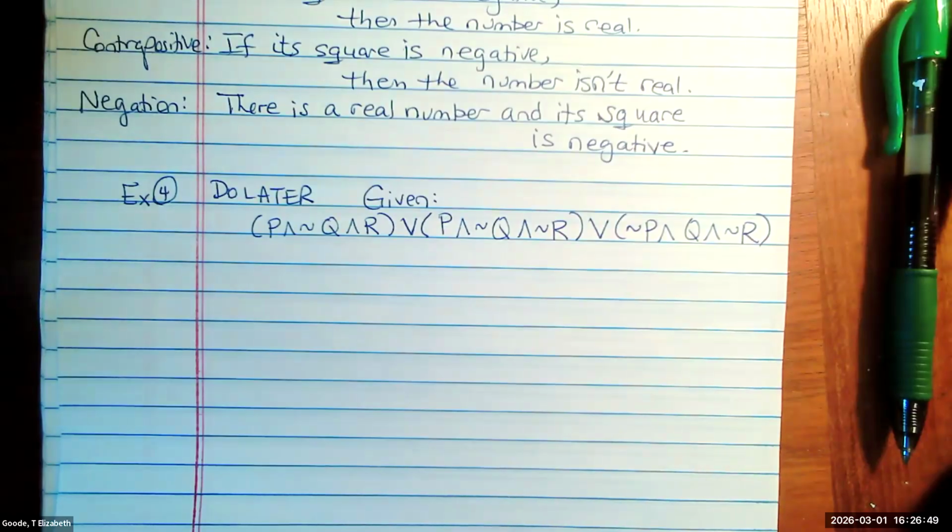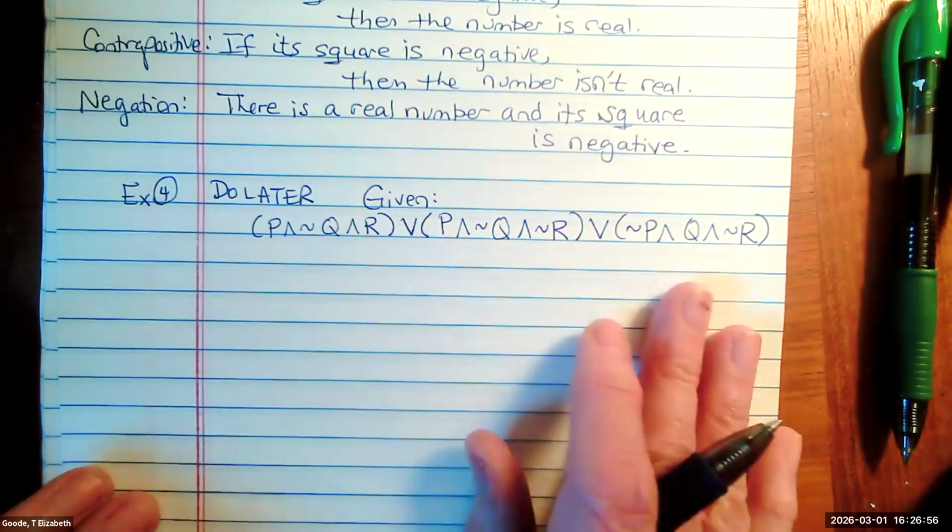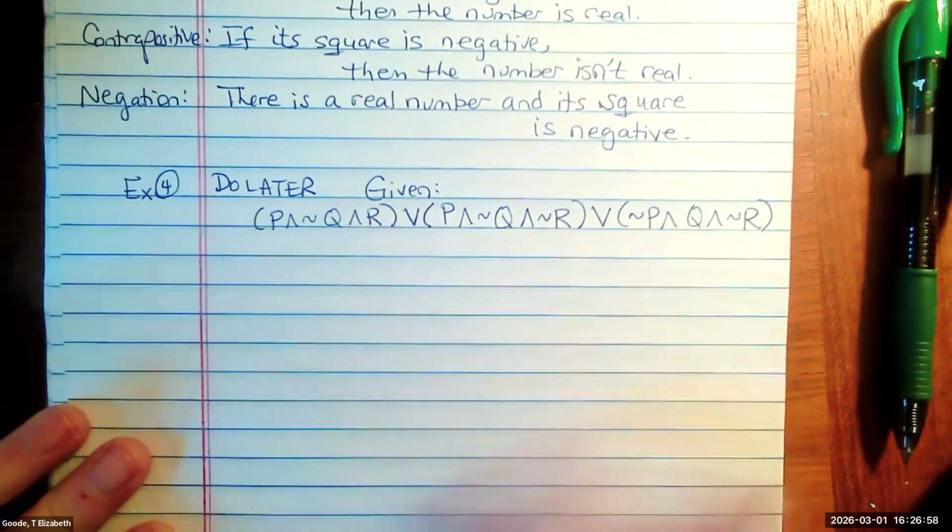Theoretically, there could be 8 parentheses. But the answer to that is we only have so much time.